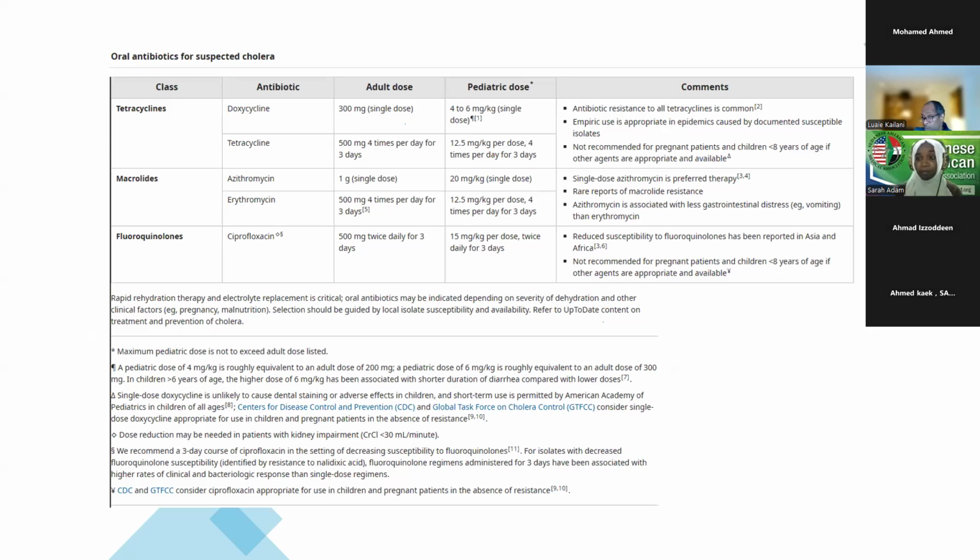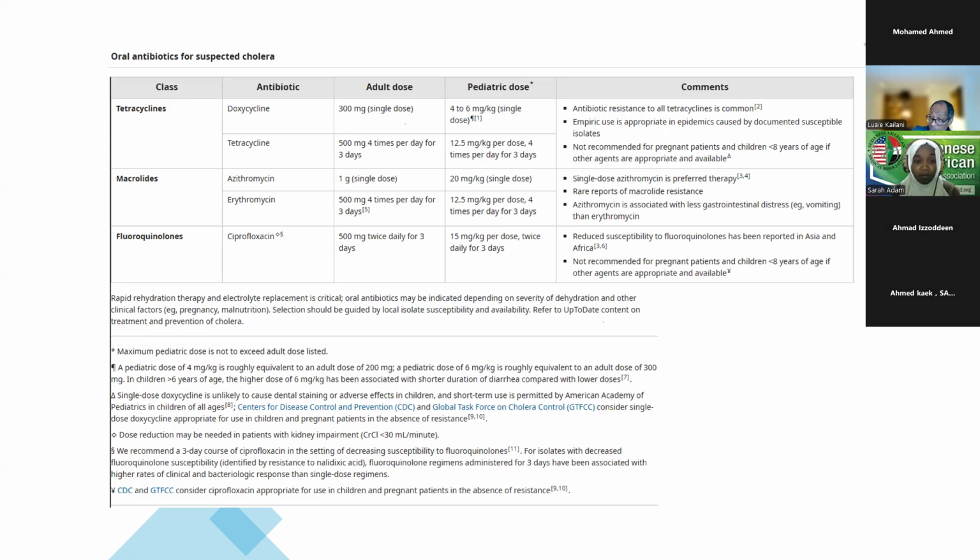And the common antimicrobials used are doxycycline, azithromycin, and ciprofloxacin. Ciprofloxacin seems to have a lot of susceptibility issues and resistance and all that kind of thing. So you remain between azithromycin and doxycycline. Azithromycin is 1 gram single dose, and doxycycline is 300 milligrams single dose.